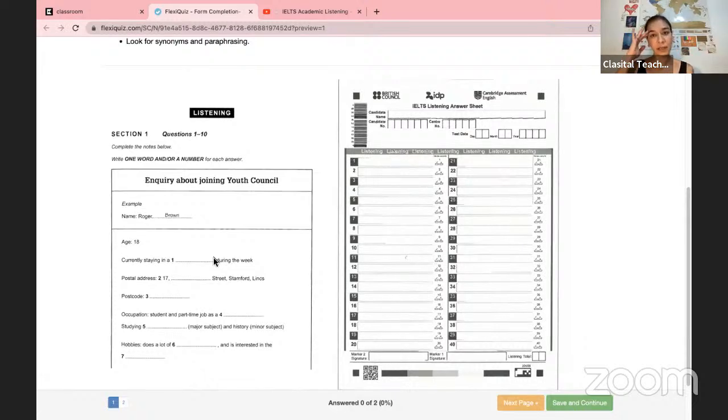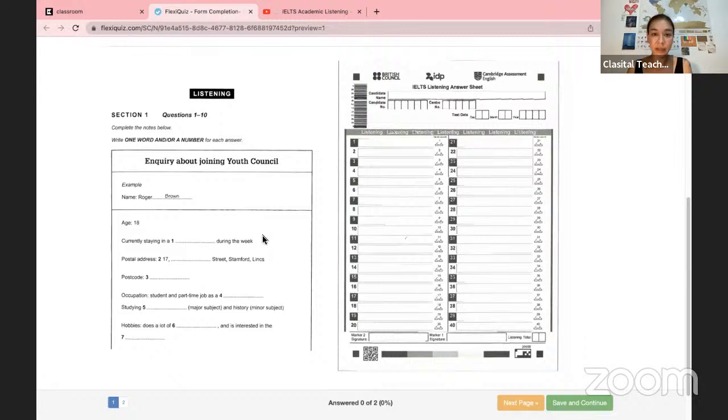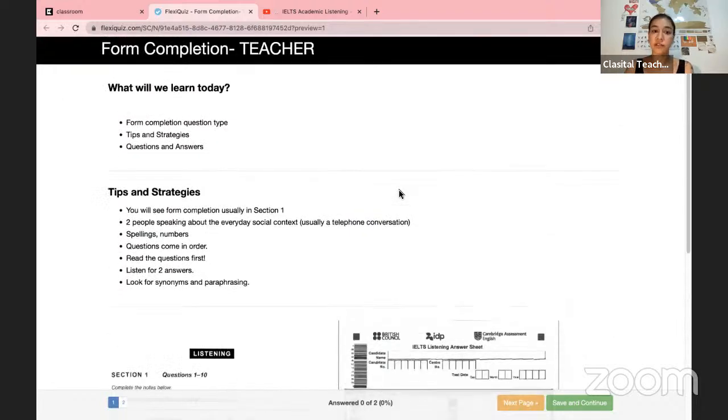So keep in mind the spellings of the letters, especially the vowels like A, E, O, I. Keep that in mind so you won't miss any points from spelling mistakes. Street names, school names, again surnames, prices. They are using lots of these in the form completion questions.